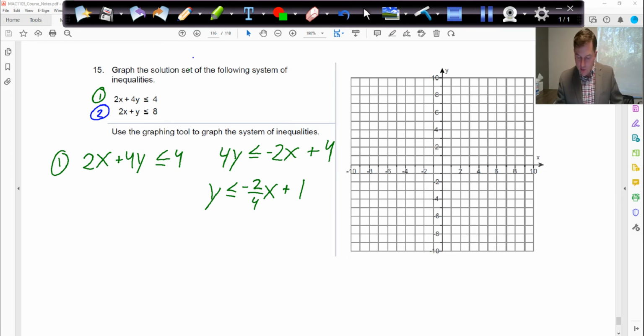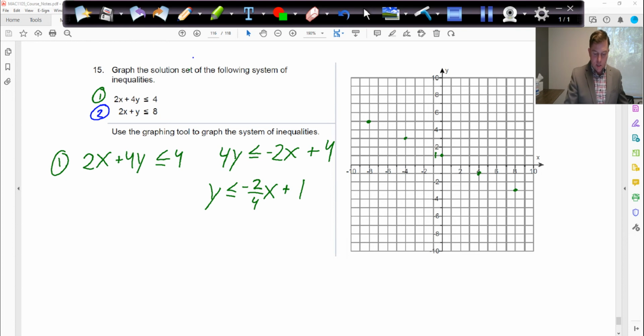So y should be less than or equal to minus 2 over 4 x plus 4 divided by 4, which is 1. And let's plot this. So we start at y equal to 1, and our slope is 2 down, 4 to the right. Or I can go 2 up and 4 left. So switch those numbers, switch the minus. 2 up, 1, 2, 3, 4 left.